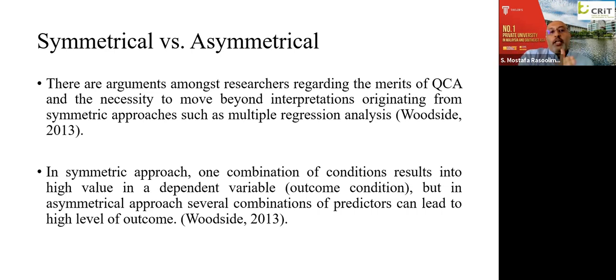So based on this, when we consider the symmetrical and asymmetrical approaches together, there are arguments that a symmetrical approach can be insufficient for analyzing complex situations, because based on a symmetrical approach we can analyze only one combination of predictors. But in reality, we have asymmetrical combinations of predictors, and all respondents are heterogeneous, right?